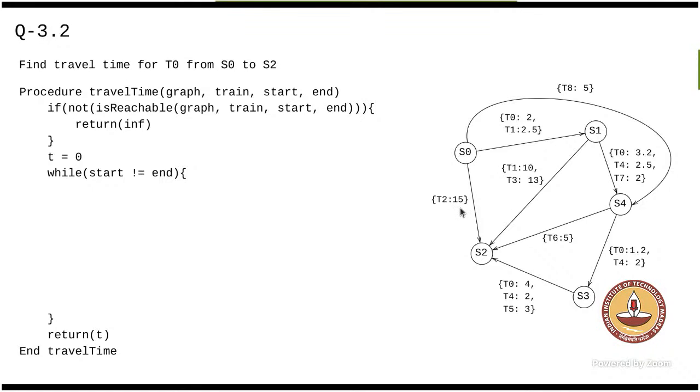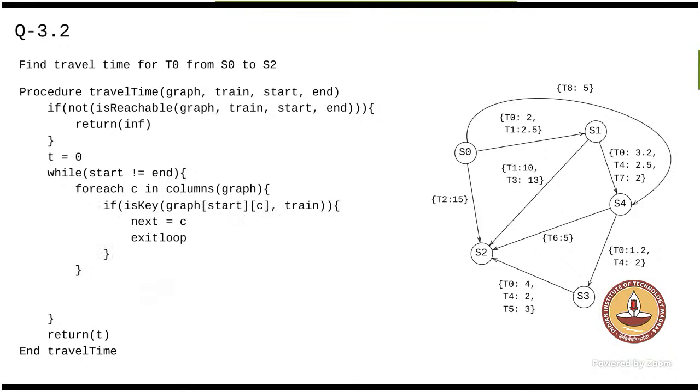Right. So now what you do is you look at all possible stations leaving out of S0. There are 3 stations: S1, S4, S2. That is what this loop is for. Now you look at which station has T0 as a connecting train.